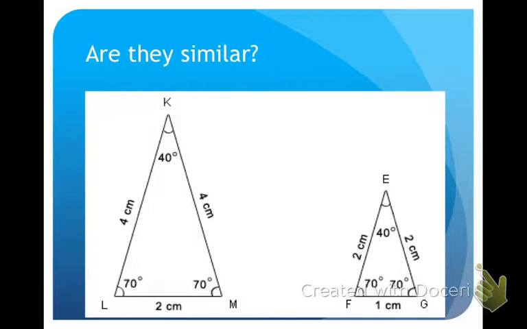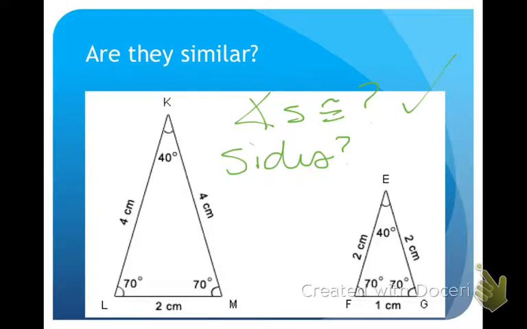Let's look at these. Alright, do we have congruent angles? We have 40, 40, 70, 70, 70, 70. Yes, we do. Do we have proportional sides? Well, I have my shortest sides, we go 2 to 1. And then the triangles are isosceles, so we have 4 to 2 and 4 to 2.